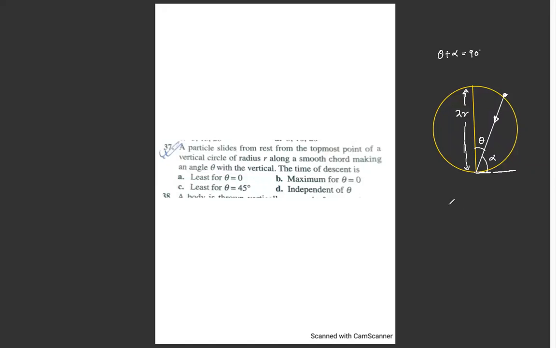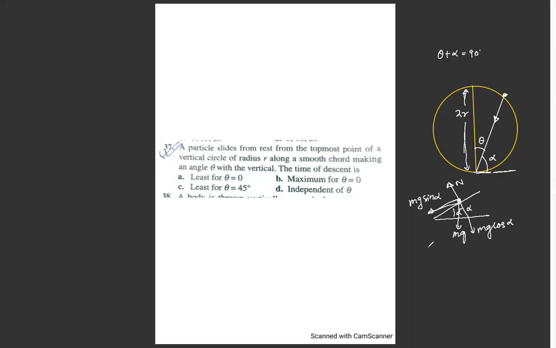If you draw the free body diagram, you can see that this angle is alpha. This is mg, this is mg cos alpha, the normal reaction, which is not required for us, and this is mg sine alpha.